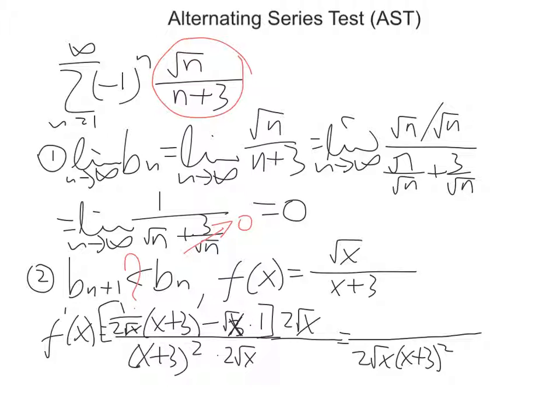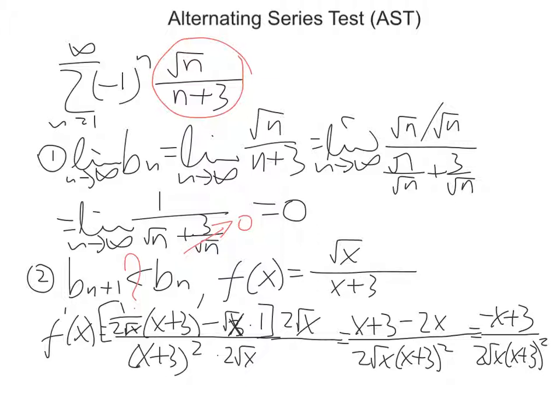When you multiply 2 square root of x onto the first term, the 2 square root of x will get cancelled, so I only have x plus 3 left. And when we multiply the square root of x by 2 square root of x, we will have minus 2x. Once we simplify this, I will have negative x plus 3 over 2 square root of x times (x plus 3) quantity squared.